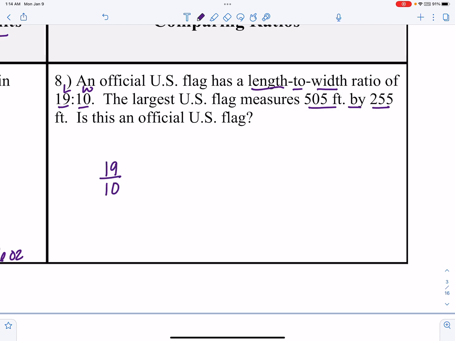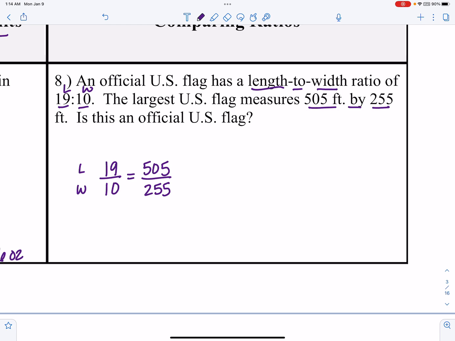So we have 19/10 is equivalent to 505 over 255. Okay, and so we want to see if these are equivalent. You also have to make sure that you're putting the length and width in the same order with each other, and that's really important too.